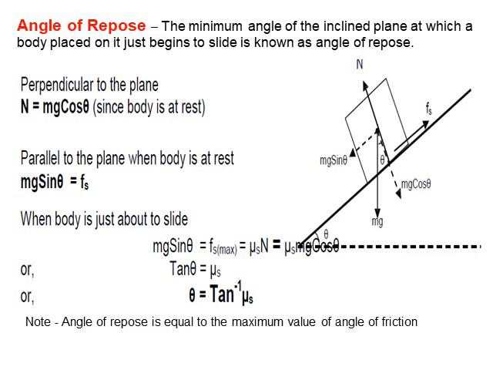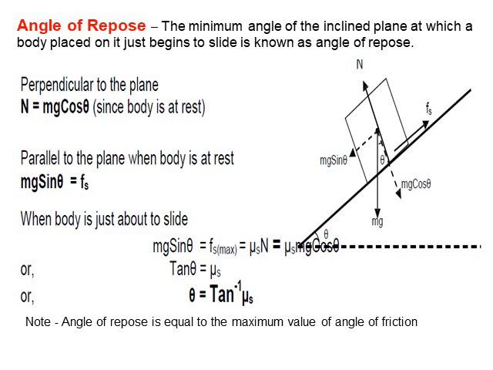And when the body is just about to slide, mg sin theta will be equal to Fs max, and the value of Fs max is mu s into N. By putting the value of N as mg cos theta, mg will be cancelled out and tan theta will be equal to mu s.